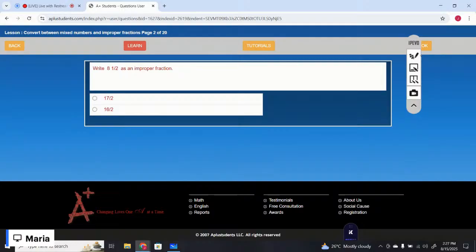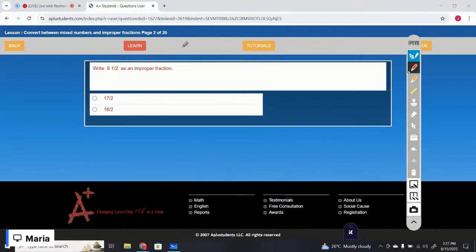Write 8 whole 1 by 2 as an improper fraction. 8 over 1 times 2, that is 8 times 2 is 16 over 2. So the whole number part is 16 over 2, plus 1 by 2. So that equals 17 over 2.